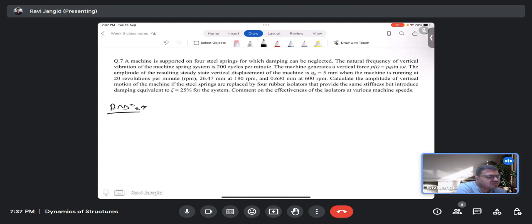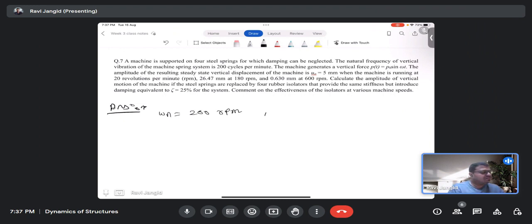The natural frequency of the vertical vibration of the machine on the spring is 200 cycles per minute, given as RPM, so omega n is 200 RPM. The machine generates a vertical force P naught sine omega t.